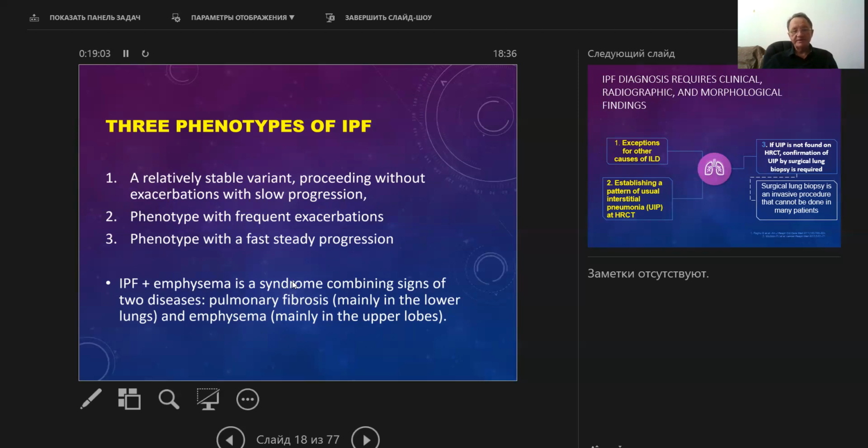The second phenotype is with frequent exacerbations, and a phenotype with fast, steady progression. And a separate phenotype is the combination of IPF and emphysema, when pulmonary fibrosis mainly affects the lower part of the lung, and emphysema you can detect in the upper lobes.